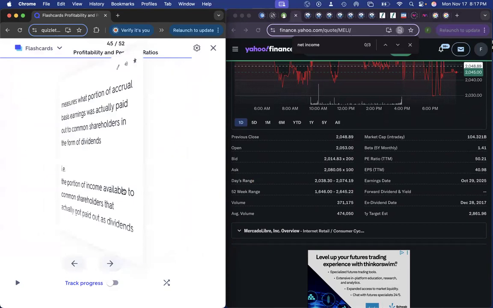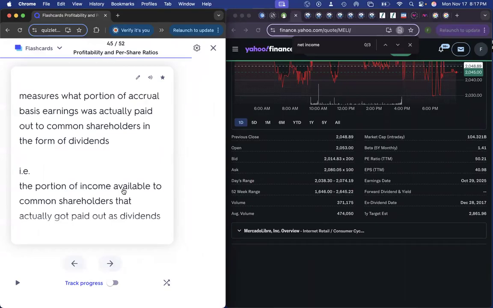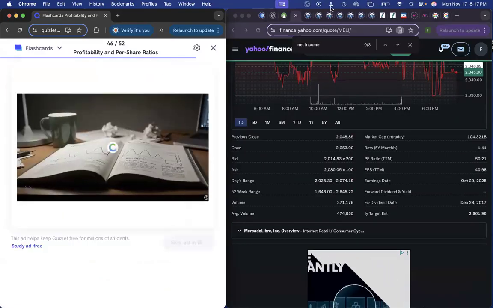First, the dividend payout ratio measures the portion of accrual basis earnings that was actually paid out to common shareholders in the form of dividends.